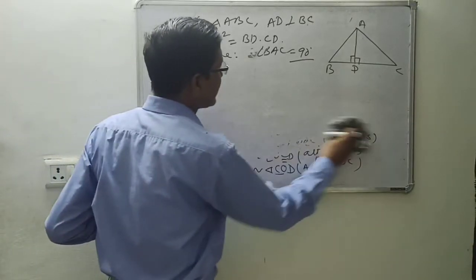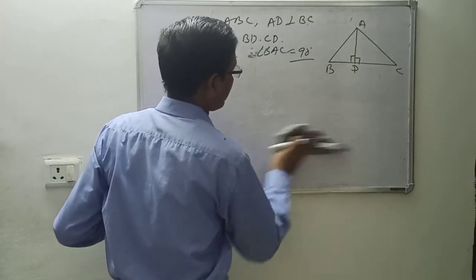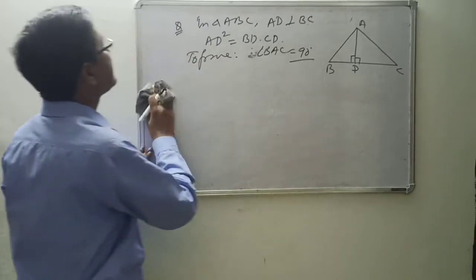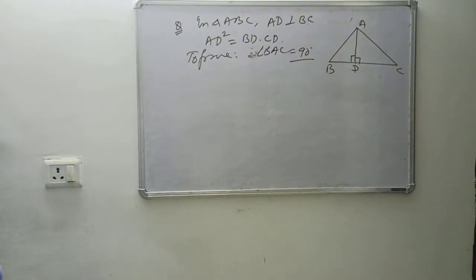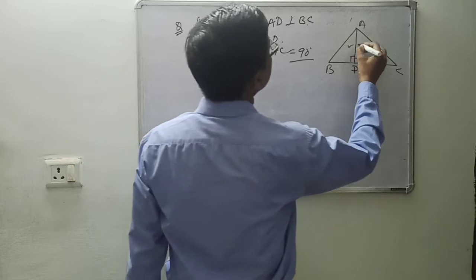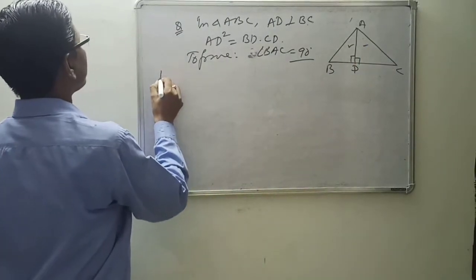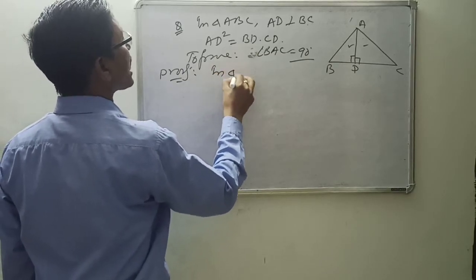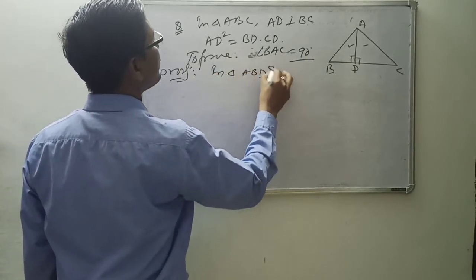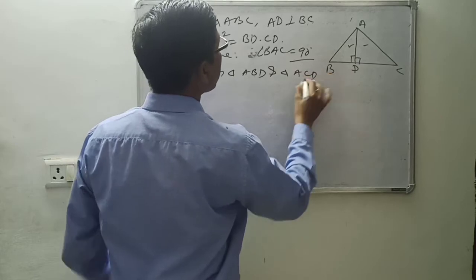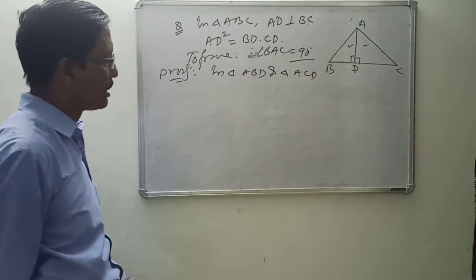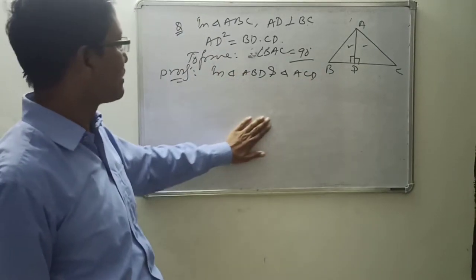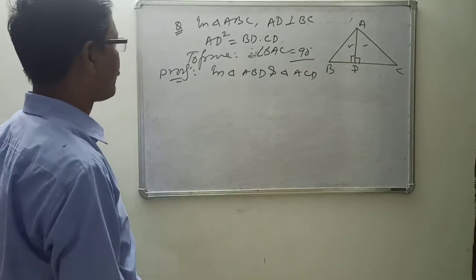Both will have AD as the part. So in this way, you can say in triangle ABD and triangle ACD. Here no matter what name you are writing, when you write the similar triangle, then proper naming should be there.